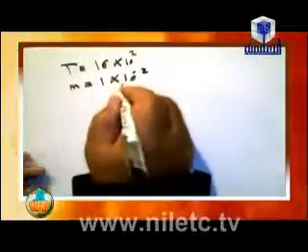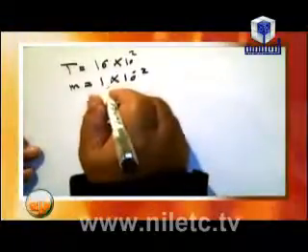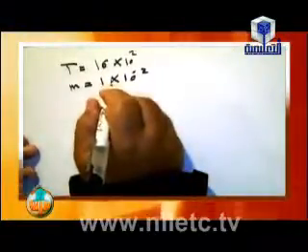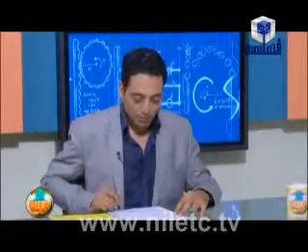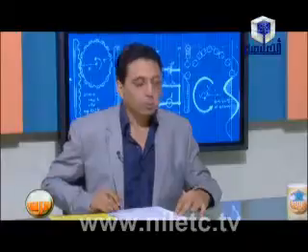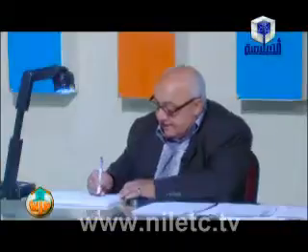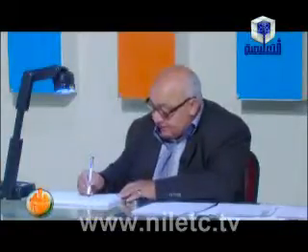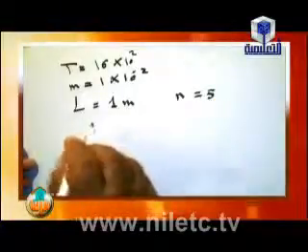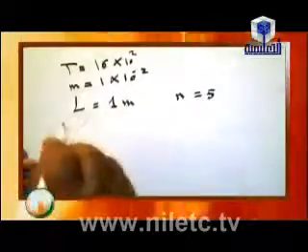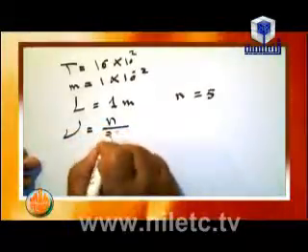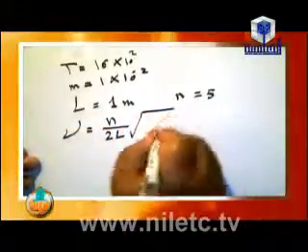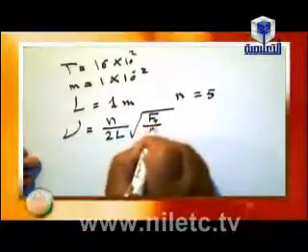If the length of the string is 1 meter and it vibrates in 5 segments, calculate the frequency of the harmonic produced. In this case, we have the length of the string and the number of segments. We want to find the frequency of this tone. Nu equals n over 2l times square root of Ft over m.